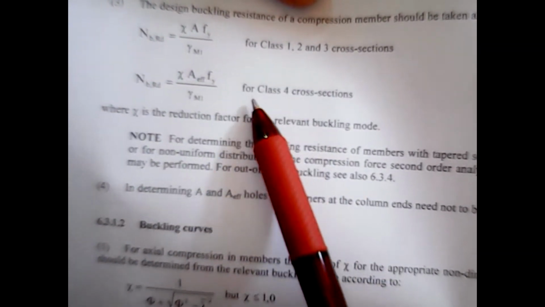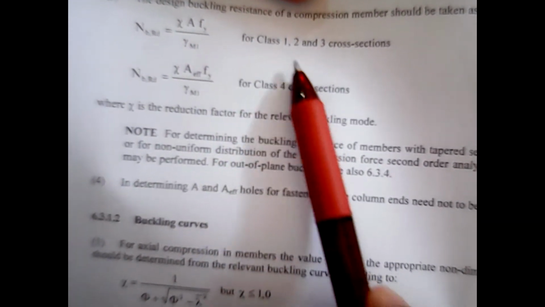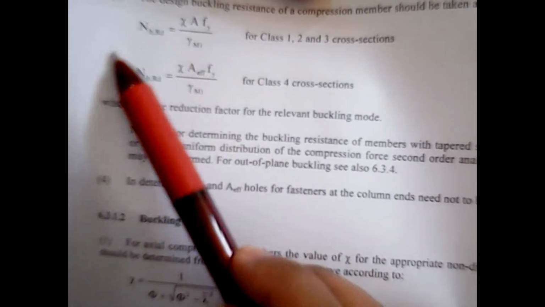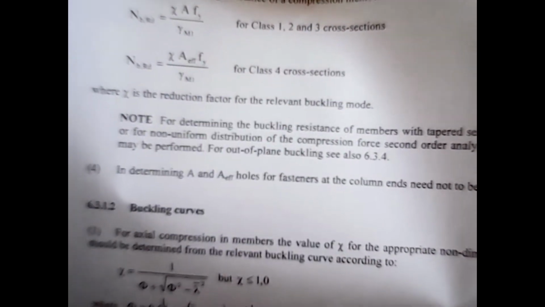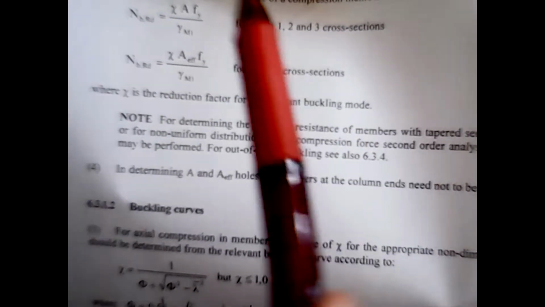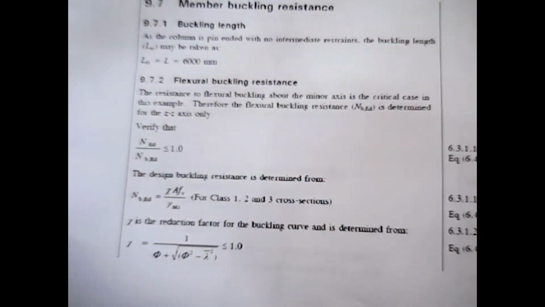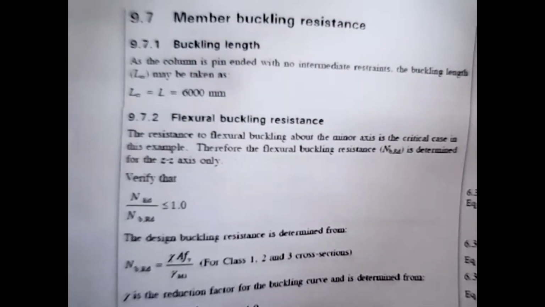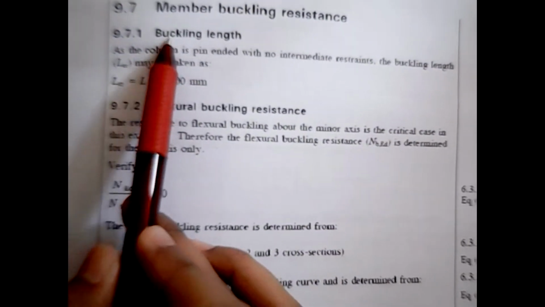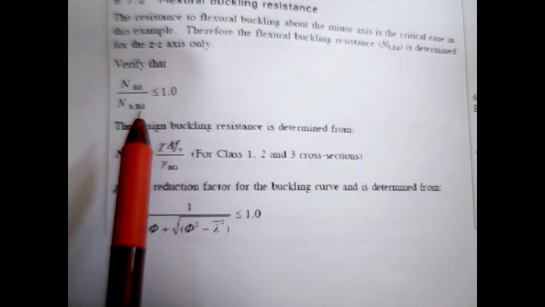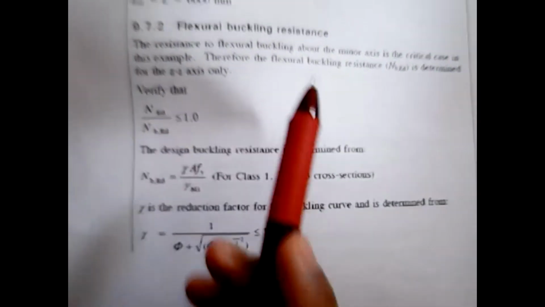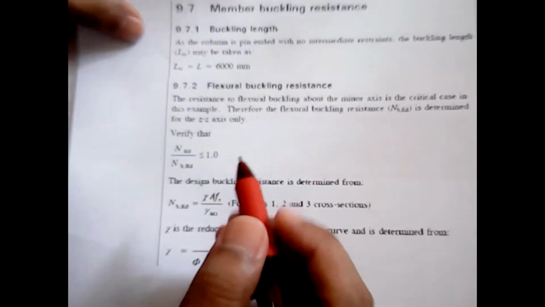But if your cross section is class 4, then your NBRD must take into account the effective area of the cross section. So in this case, if you look at your examples, you need to verify NED over NBRD as mentioned in the Eurocode.